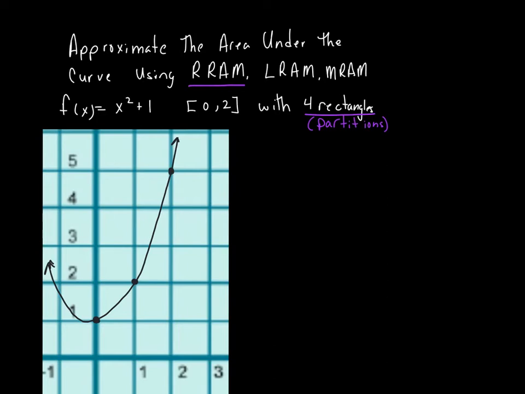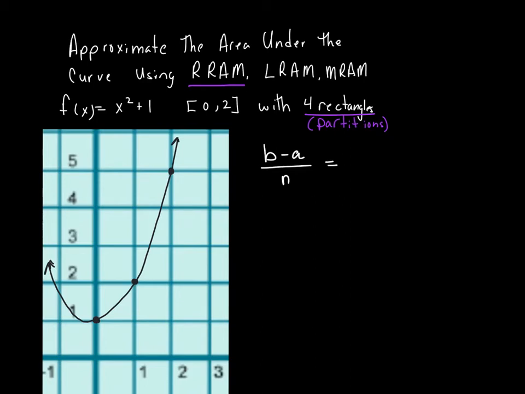So in the right hand, we are going to draw our intervals we want. In this case, we're going to have all of our partitions be the same size. So to find out what that's going to be, it's going to be b minus a divided by, in this case, 4, but it's going to be n because that is going to be the number of partitions or rectangles.